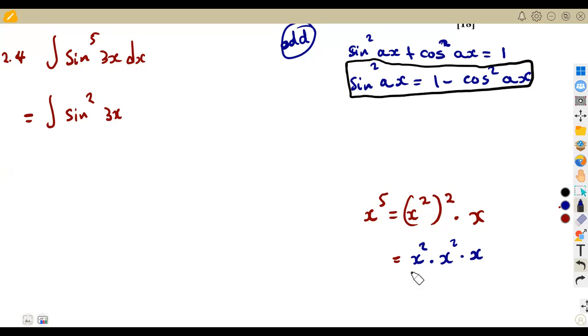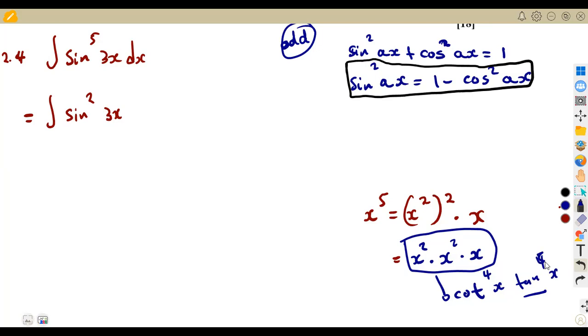But this way of expanding, separating x squared and x squared, you use when you are working with a cot to the exponent of 4, or a tan to the exponent of 4, whatever you are given. So in this case, it is going to be a 5 like that.